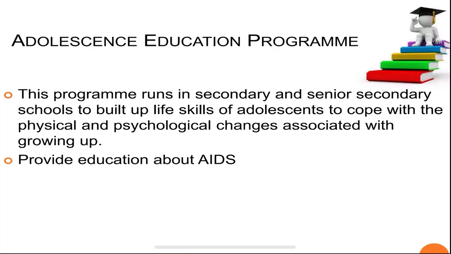This program runs in secondary and senior secondary schools to build up the life skills of adolescents to cope with the physical and psychological changes which are associated with growing up.